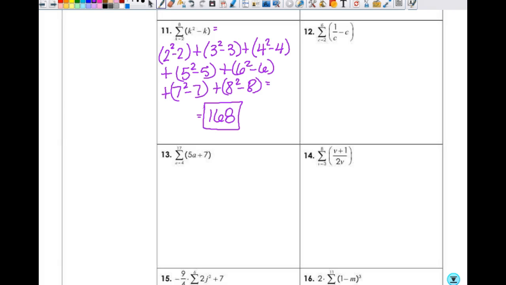We're good? So most of the rest of these on the page are pretty much the same thing. You just start with 1, substitute it in, you can figure that stuff out.